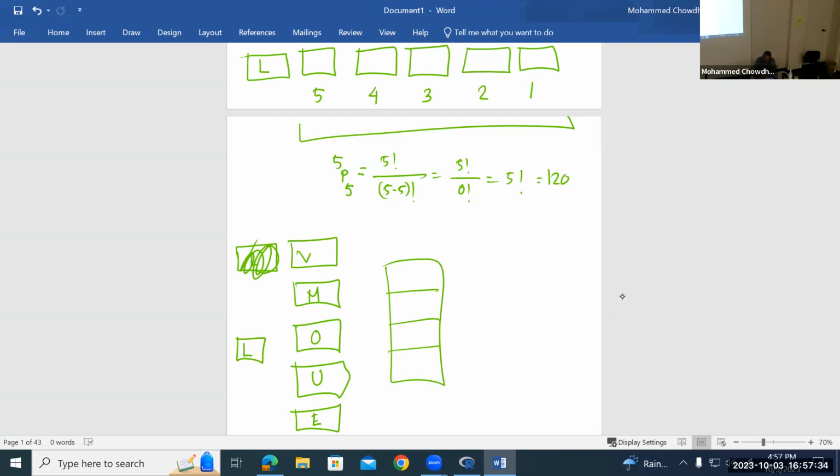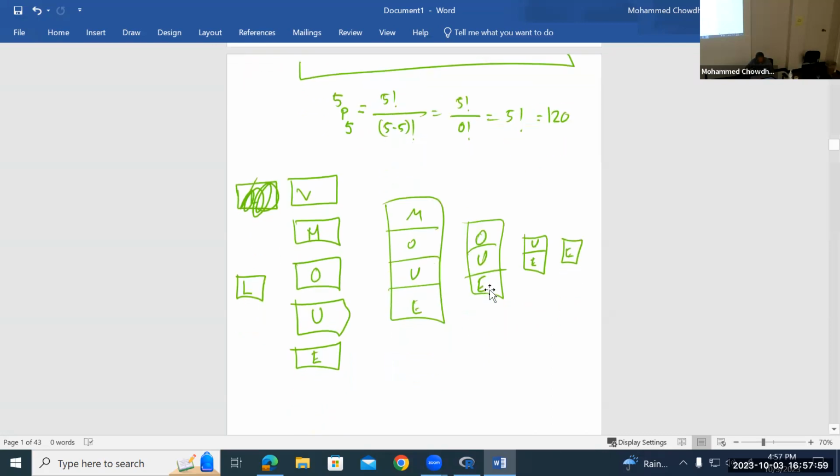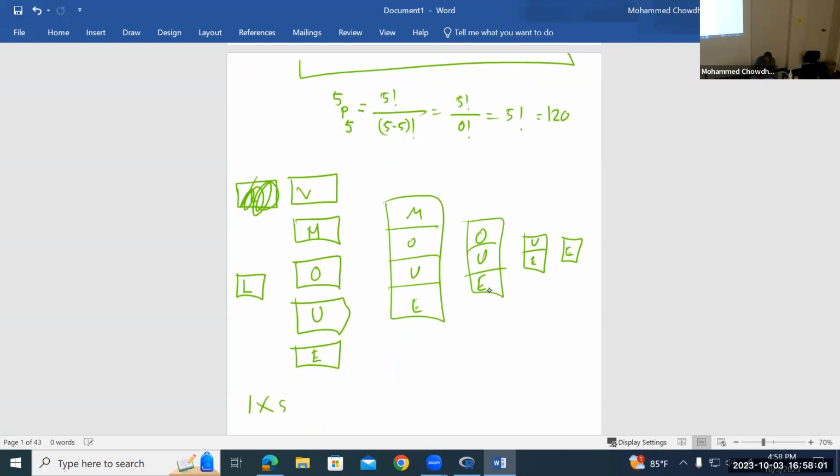Suppose B is gone there, then there should be M, O, U, E. Suppose M is gone there, then O, U, E. Then O is gone there, and there are U and E. And then there is 1, U is gone there, E. So you remember the basic principles of counting: 1 times 5 times 4 times 3 times 2 times 1. BPC, basic principles of counting. You understand this one, right?